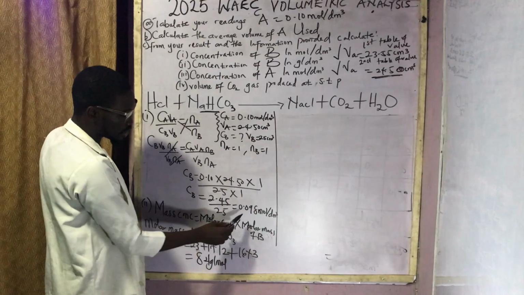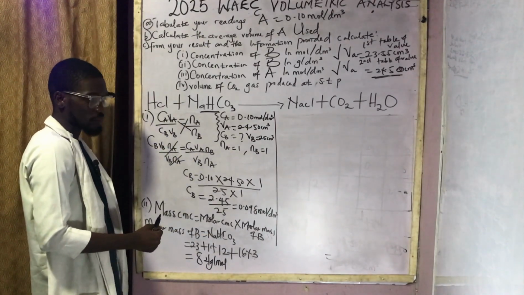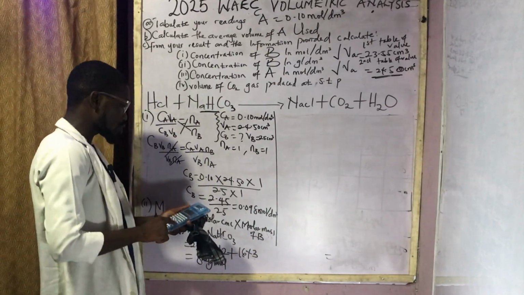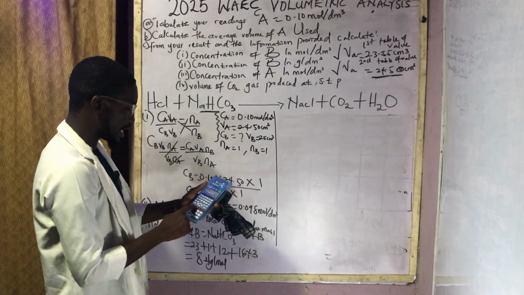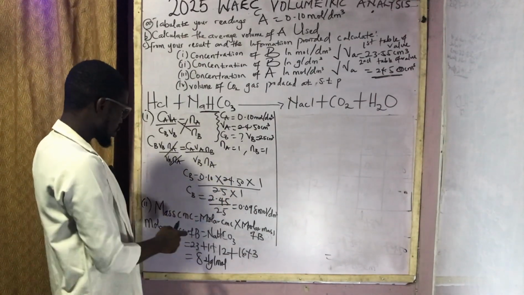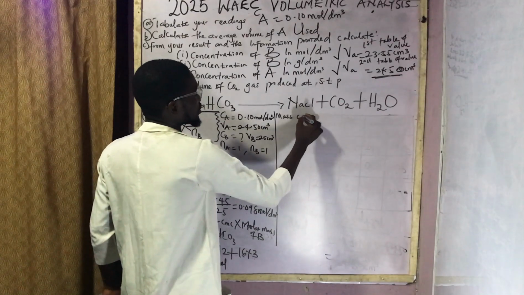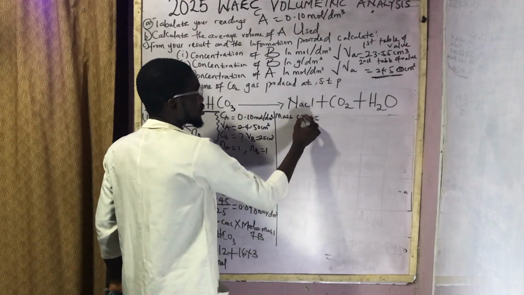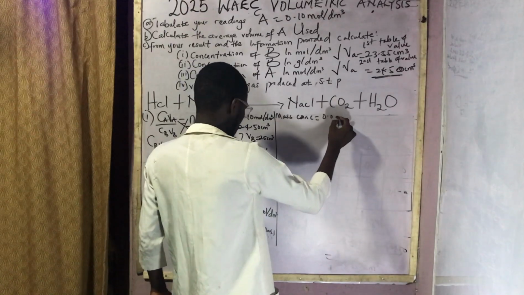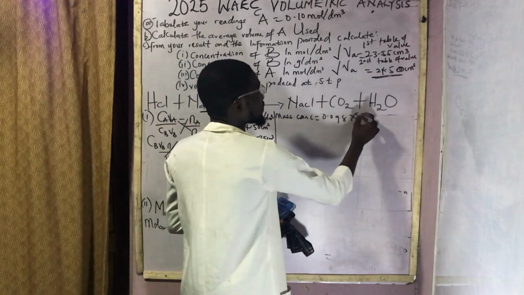And the molar concentration is this value we have here. Are you with me now? So the mass concentration equals the molar concentration, 0.098, multiplied by 84.